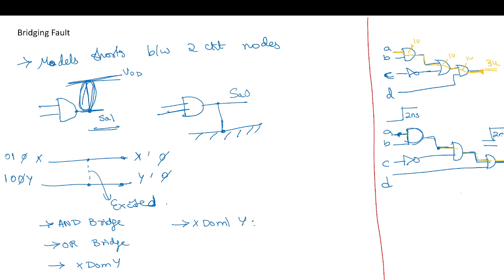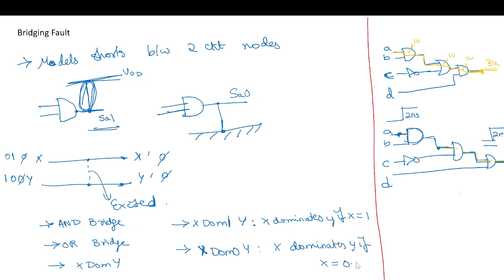That is, X dominates Y for a specific logic value: X dominating 1Y, that is X dominates Y if X is equal to 1, and X dominating 0Y, that is X dominates Y if X is equal to 0.